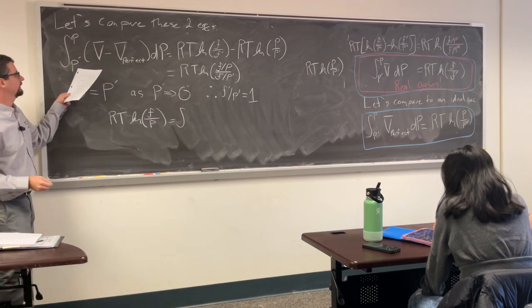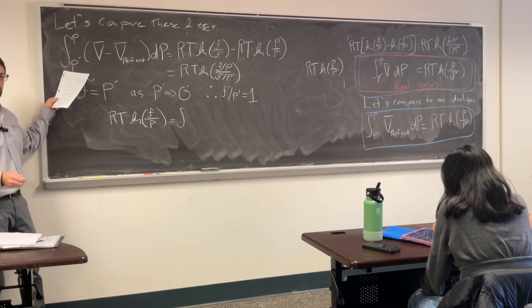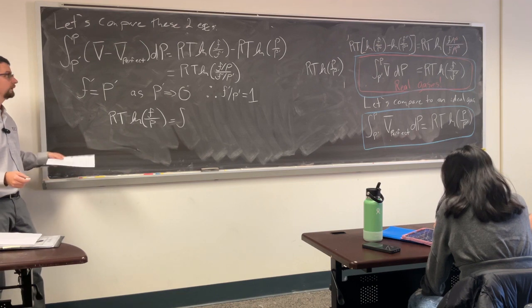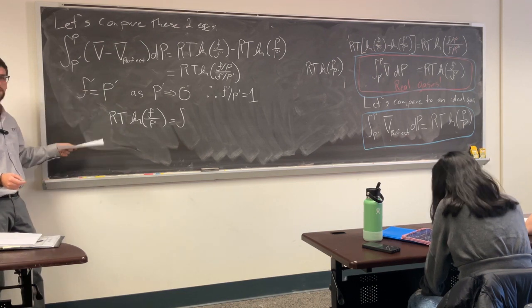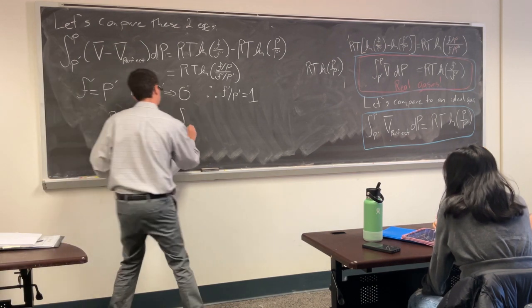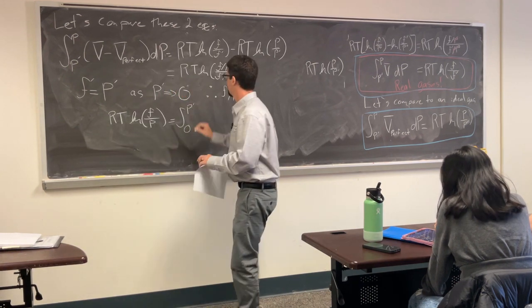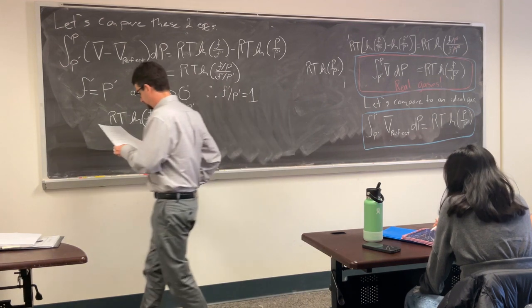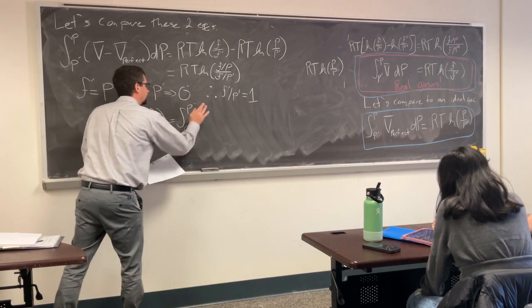How does this integral change? What changes with its limits? What were we saying p prime approaches? 0, so what should the lower limit be? Yep. Sorry, should be a p prime.